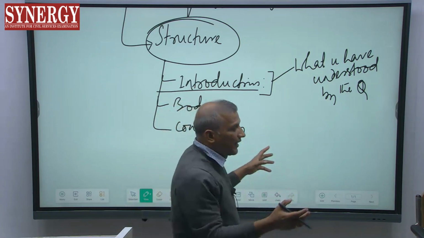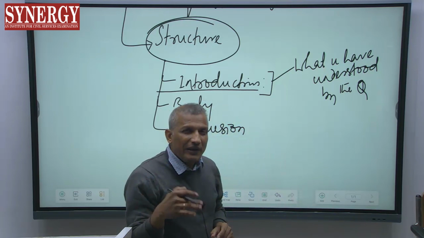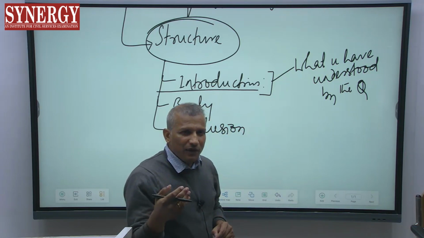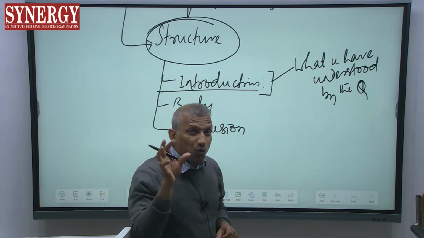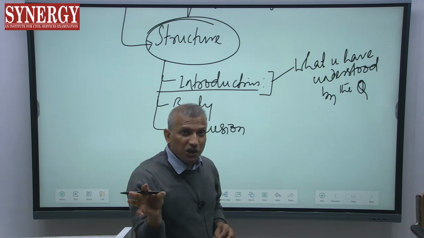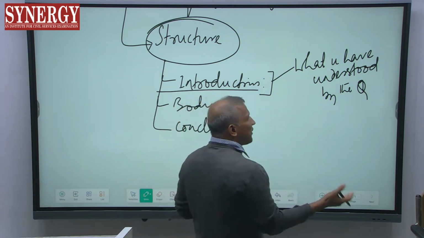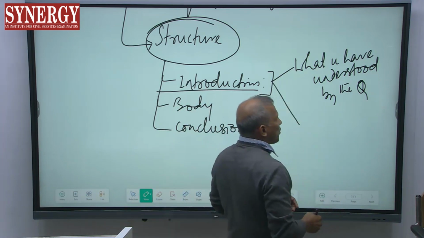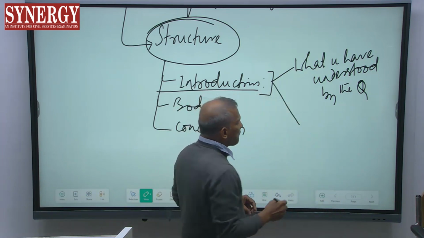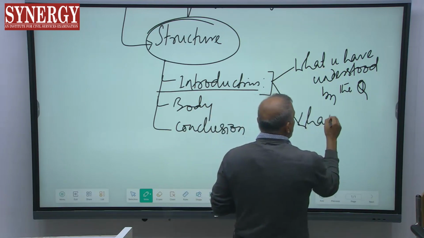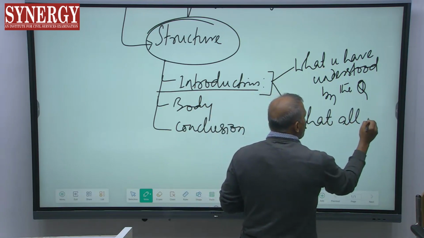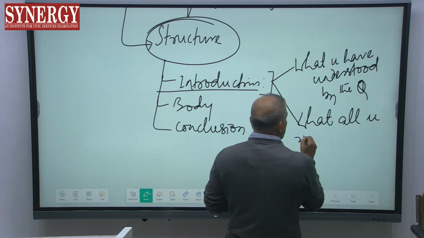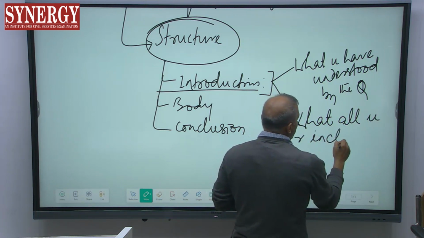In the opening lines, you have to write in a manner that the examiner is able to understand, okay, this is what you have understood of the question. And at the same time, in the same opening line, another aspect has to be there: what all you are including in your answer.